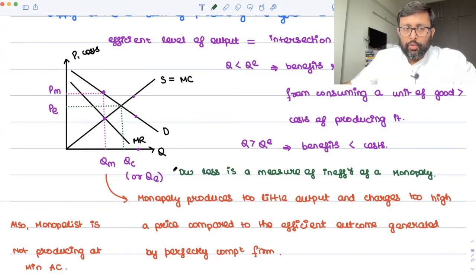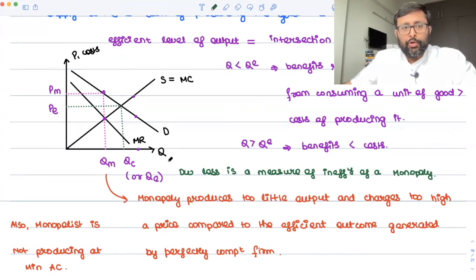So that is the point. It is the measure of inefficiency of the monopoly, and there is the loss of output from having a monopoly rather than the perfectly competitive outcome, right?